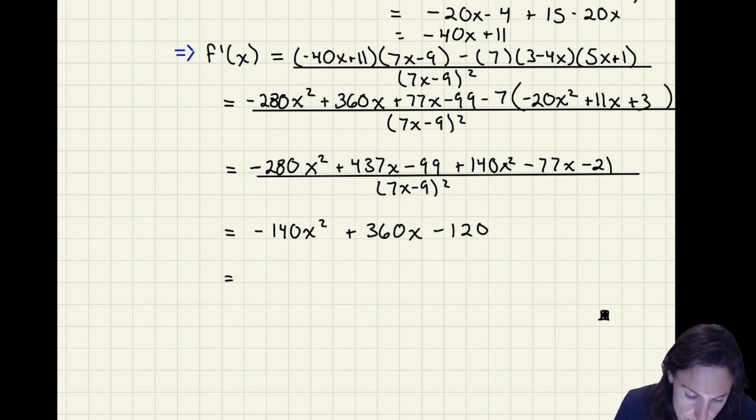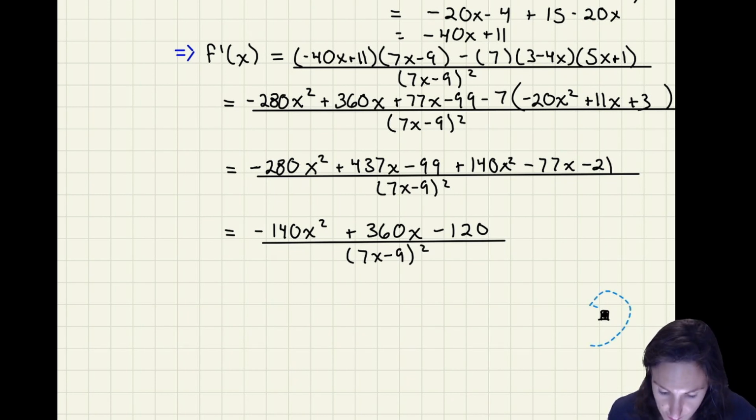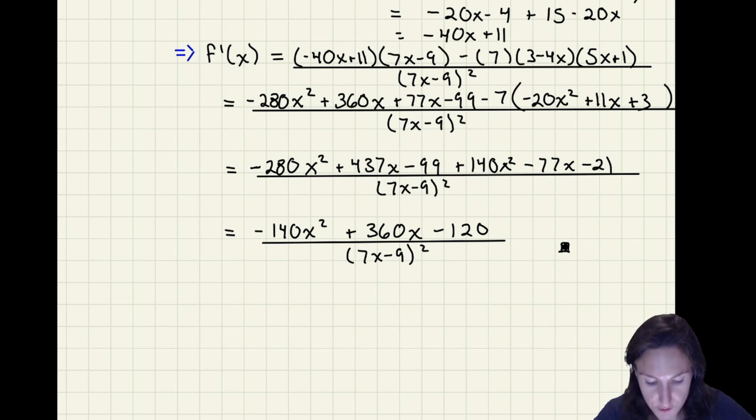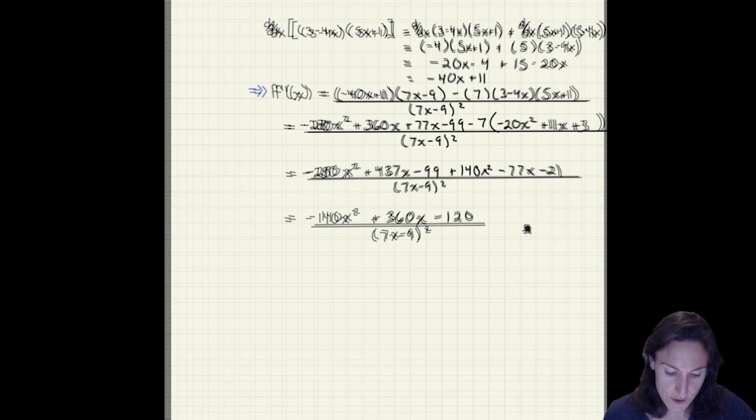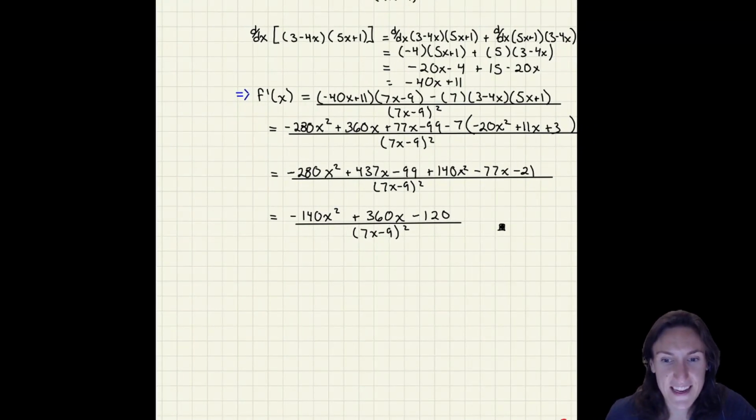And then all of this is divided by 7x minus 9 squared. Now, if you wanted to factor the top, you could, but it's not really necessary. I haven't asked you to simplify as much as possible, so it's fine just to leave it like this. Okay? So I hope you found that helpful. Thank you very much.